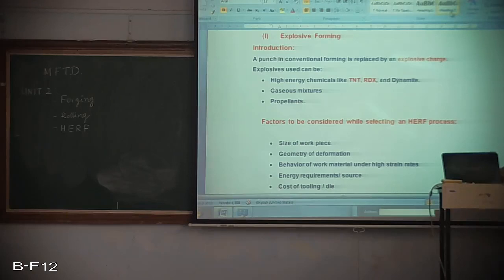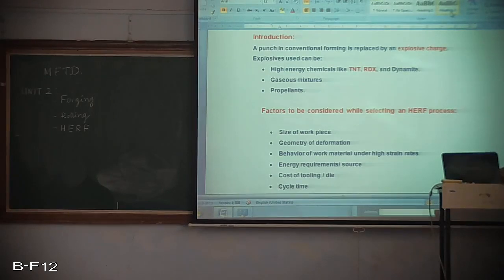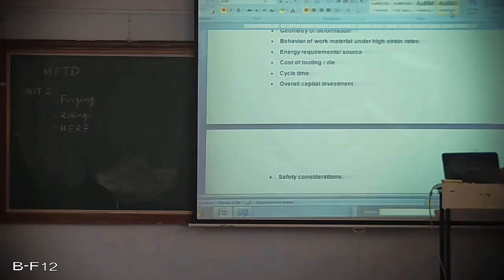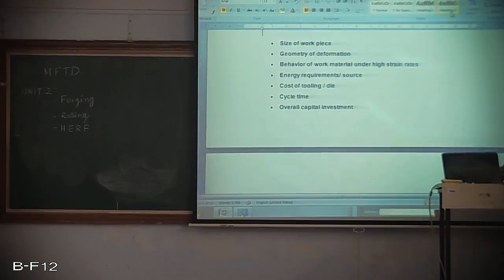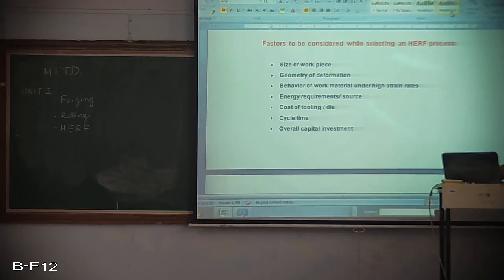So there are various factors which we have to consider while applying an HARF process for a particular part or product. First and foremost, it depends on the size of the workpiece.